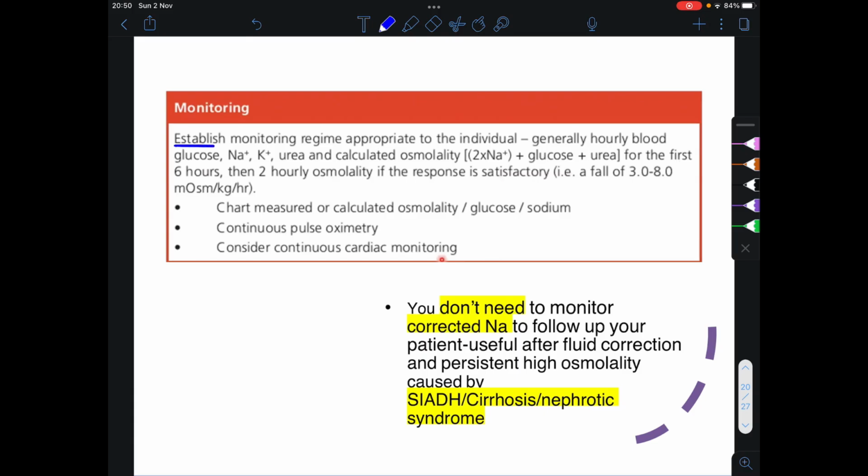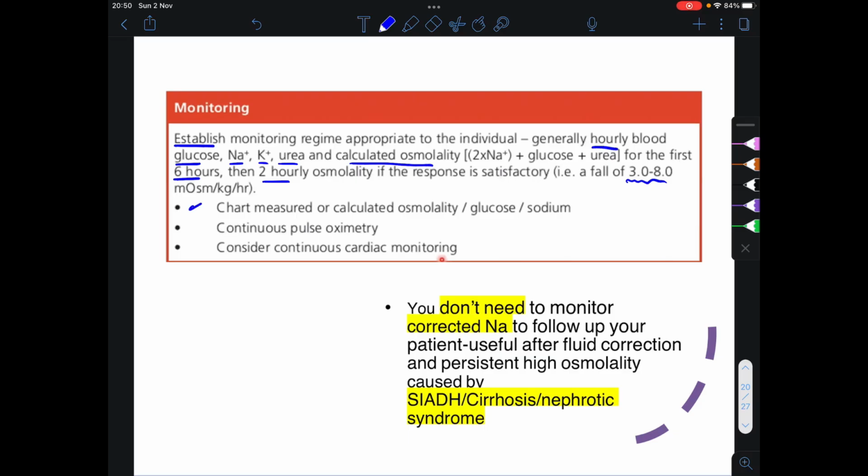Now, once you start therapy, you always want to monitor your patient, and you hourly send for glucose levels, sodium levels, potassium levels, and urea, and you calculate the osmolality every hour for the first 6 hours, and then later on, every 2 hours, once you see that the response is that there is a decrease in osmolality between 3 and 8 milliosmoles per kg per hour.